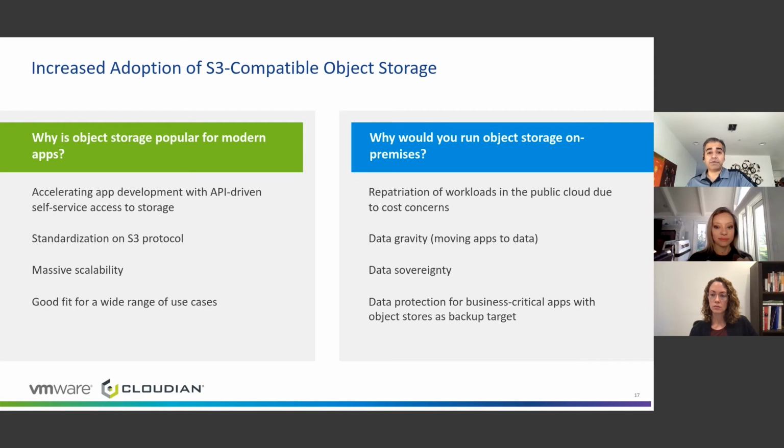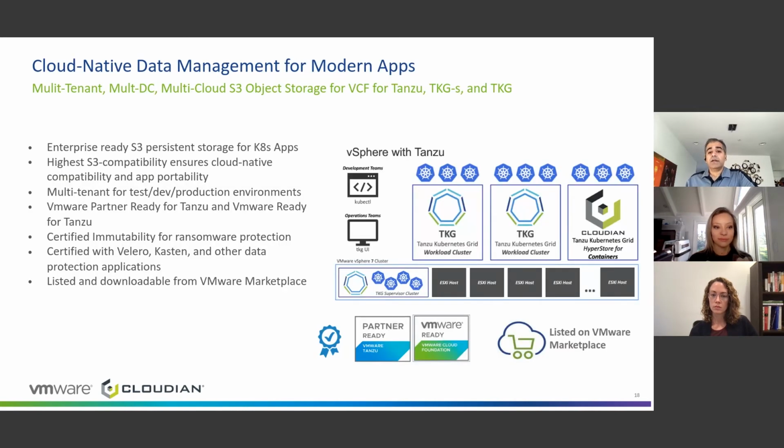So all of these things put together tell you the reason why you need to consider object storage for your modern application infrastructure, and why on-premises is a key piece for that, right?